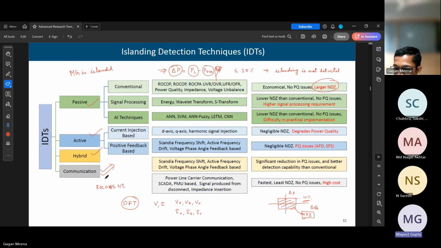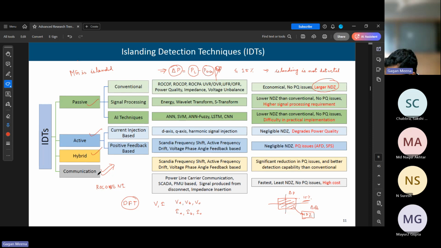The communication-based one is certainly the easiest. That's why we were talking about PMU, SCADA, WAMS. Communication-based techniques use SCADA and PMU data. But in the distribution system, we don't have that.